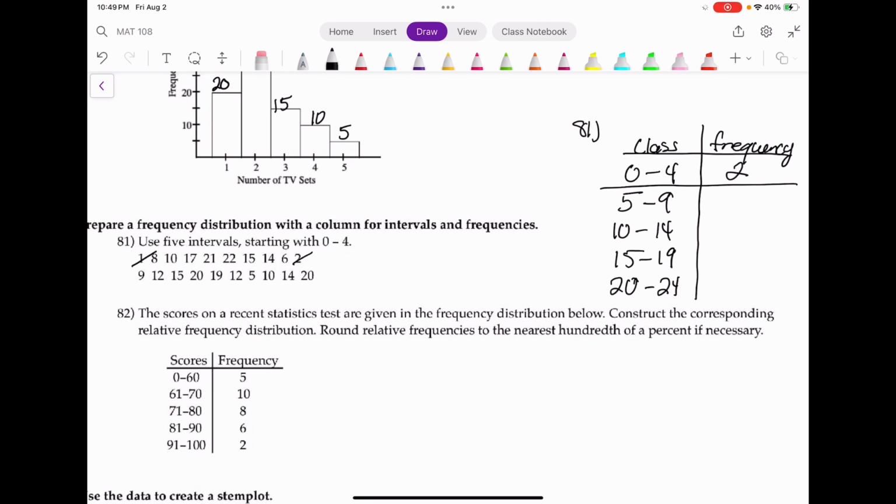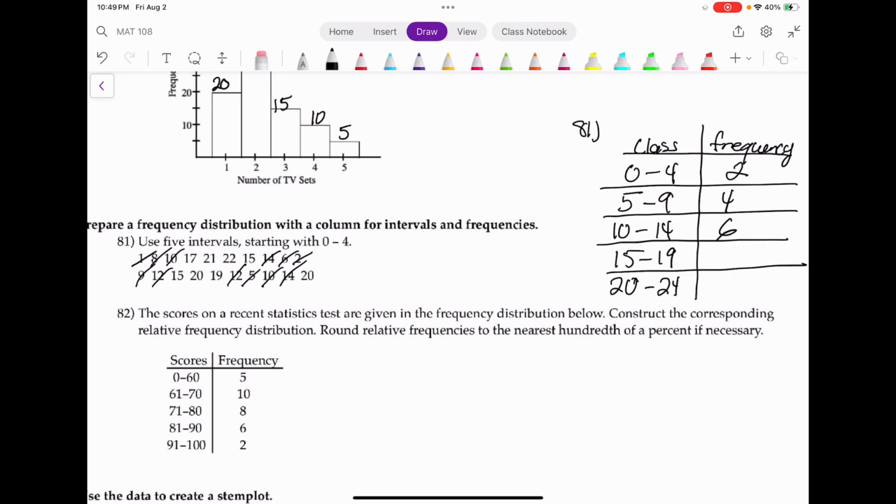Then for the class of 5 to 9, that's 1, 2, 3, 4 values. So the frequency is 4. Then from 10 to 14, that's 1, 2, 3, 4, 5, and 6.